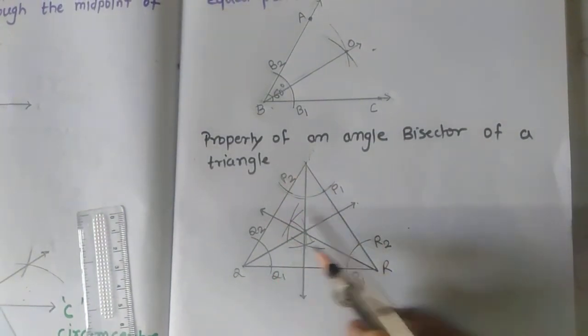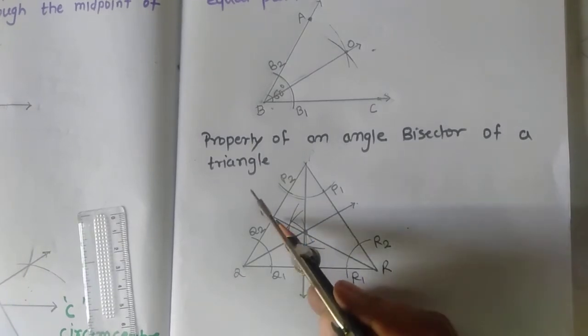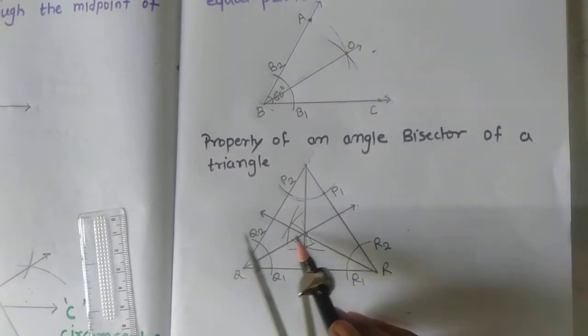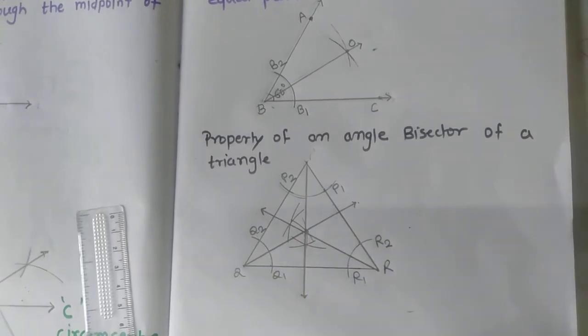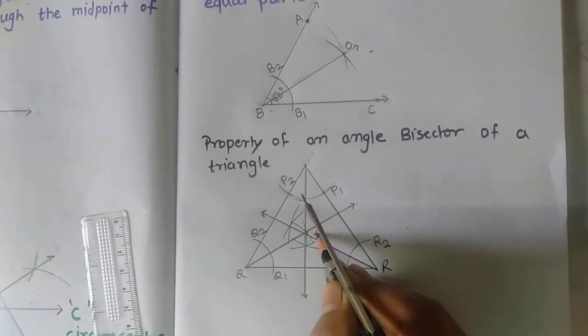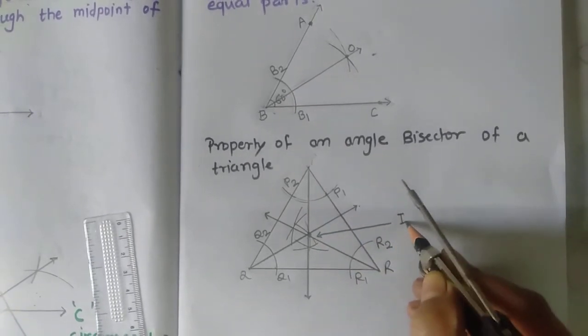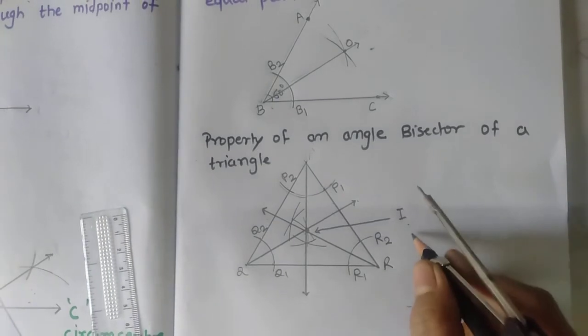These three angle bisectors pass through a single point, means the angle bisectors of a triangle are concurrent to each other. And this point is denoted by I. It is called the incenter.